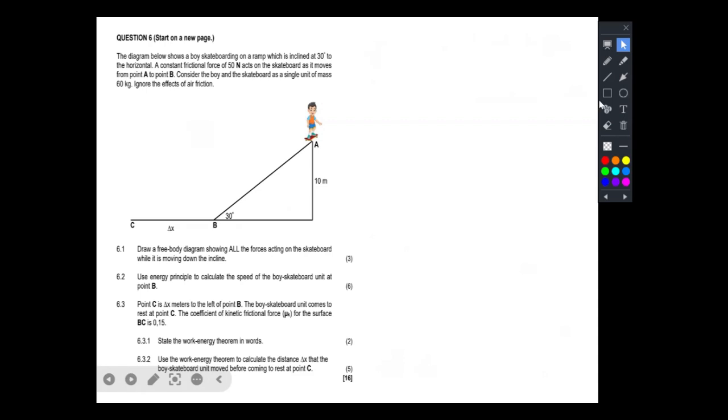Then 6.1 says, draw a free body diagram showing all the forces acting on the skateboard while it is moving down the incline. So if you can just allow me to draw it here. So the dot indicating that unit, that single unit of mass. And then we have our normal force, which will be perpendicular to the displacement.